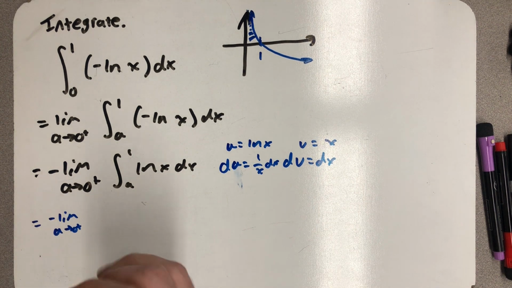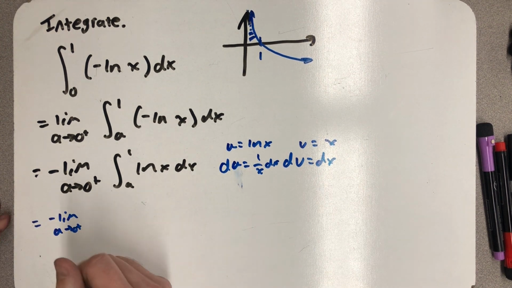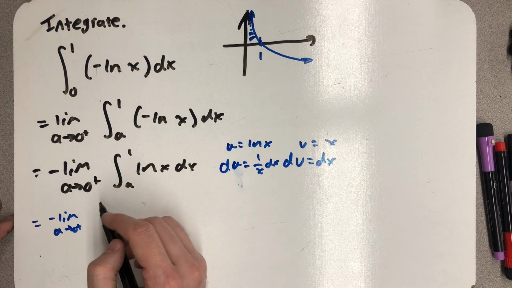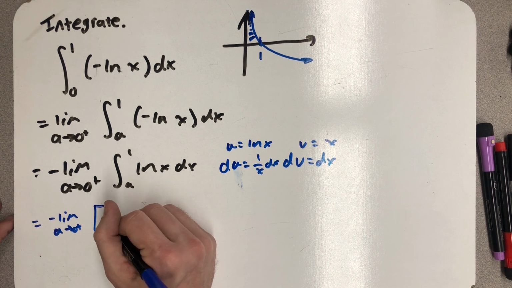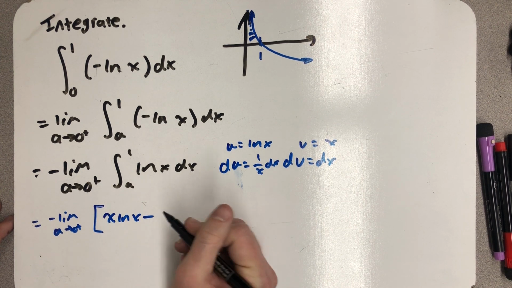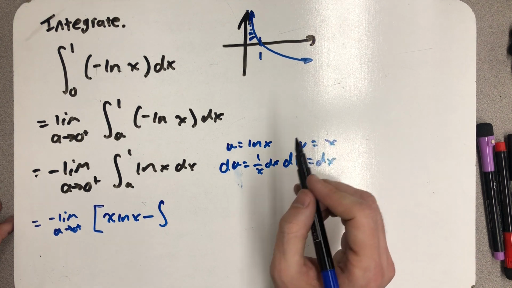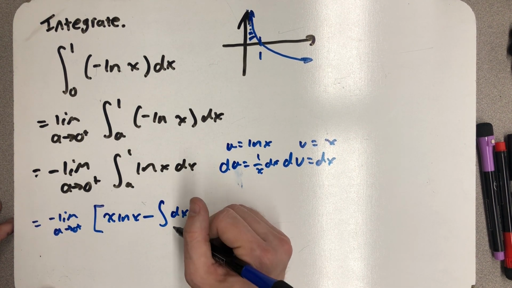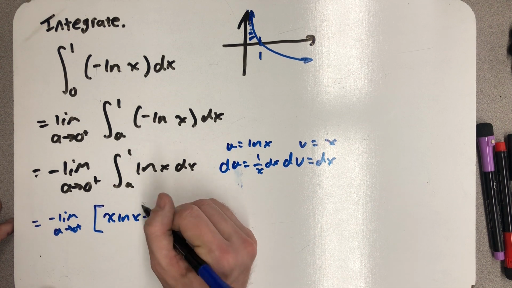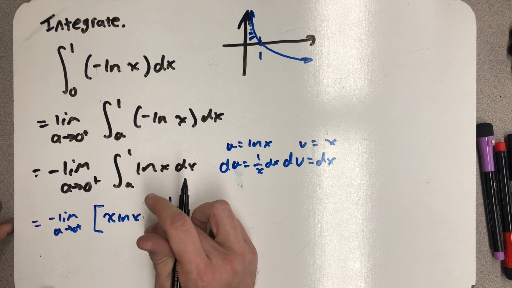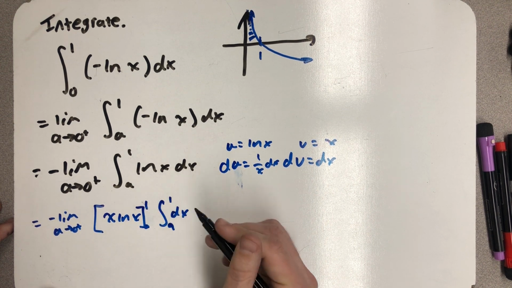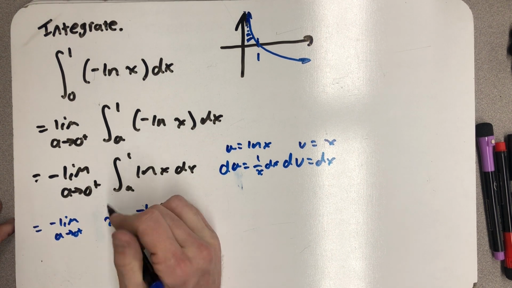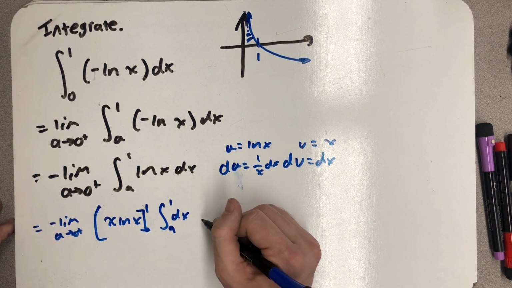And now I can proceed using the integration by parts formula. So I have u times v minus the integral of v du. Well, those multiply very nicely. And I need to remember I still have an a to 1, and here I still have that a to 1 as well. Let's use a different grouping symbol there.